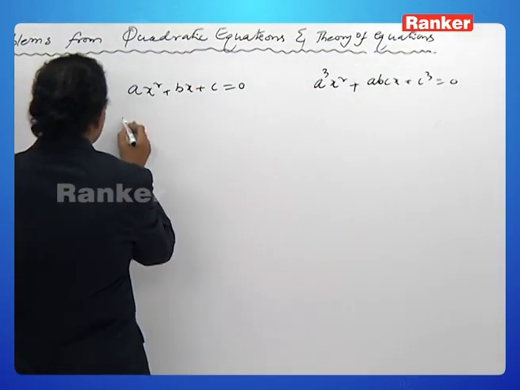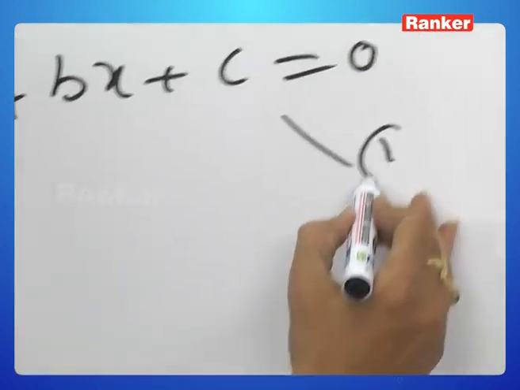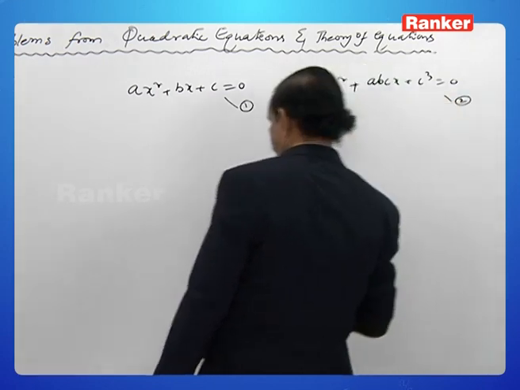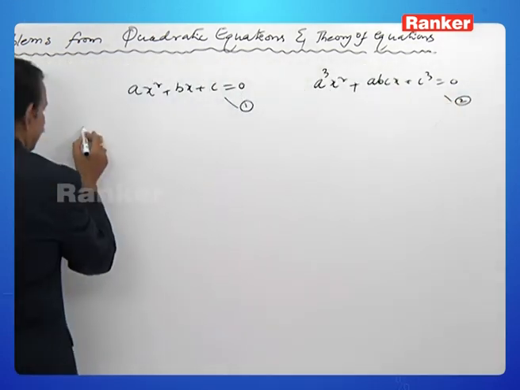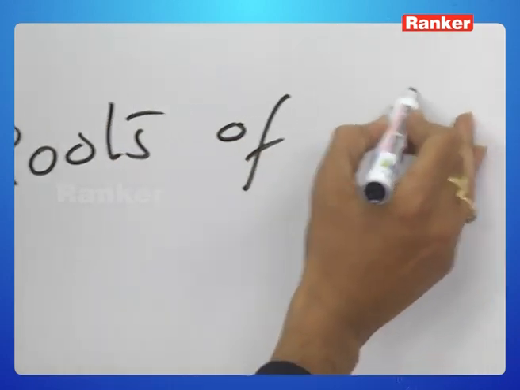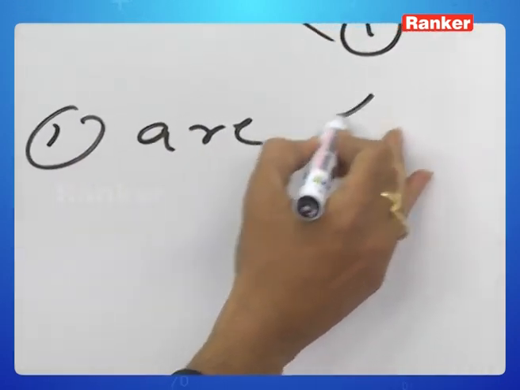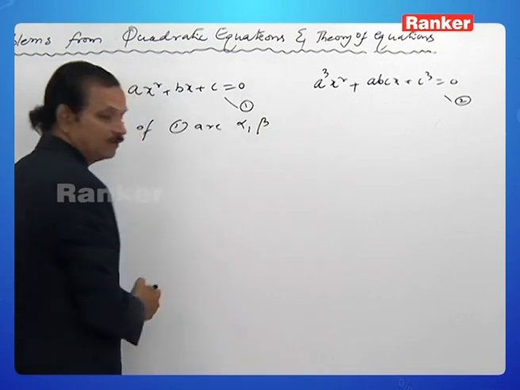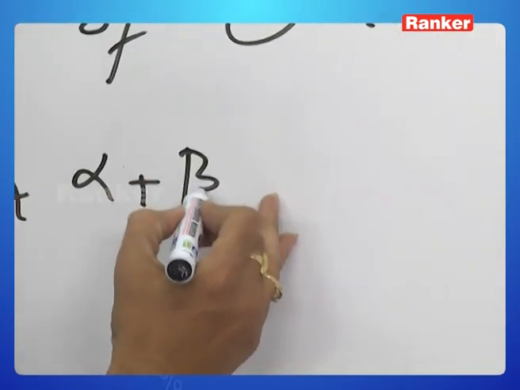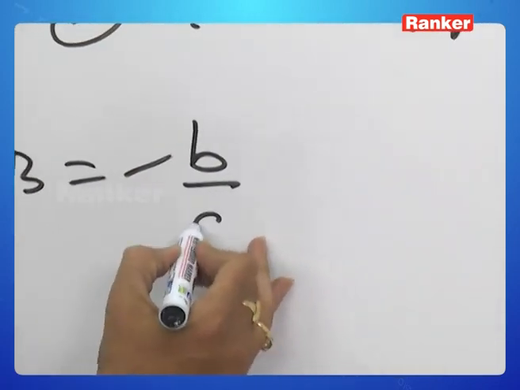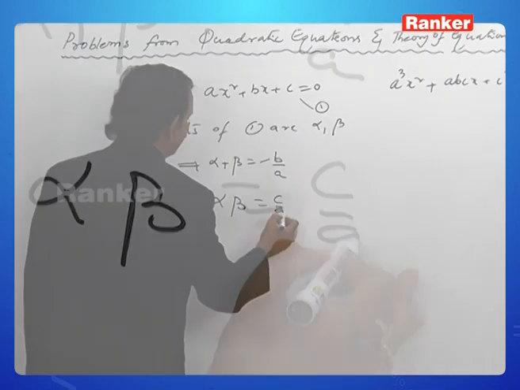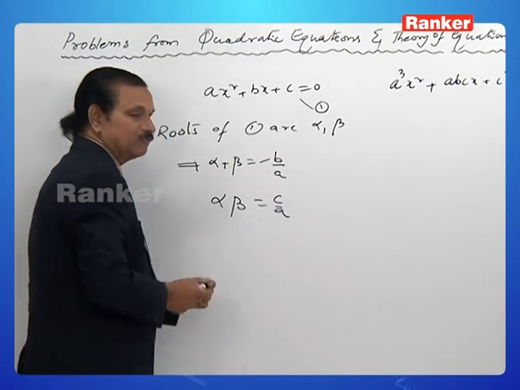Let me call this 1, this 2. It is given that roots of the first equation 1 are alpha, beta. From this we can have alpha plus beta is equal to minus b by a and alpha beta is equal to c by a. This is the data, of course.